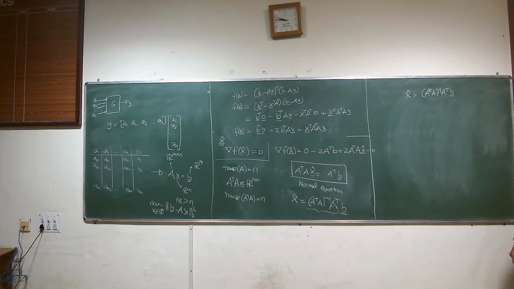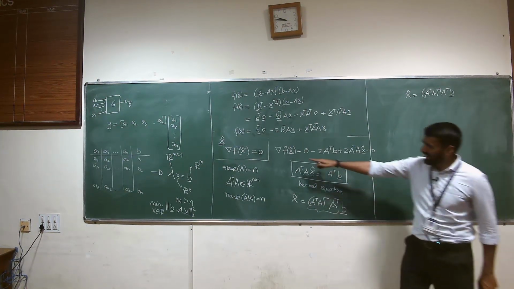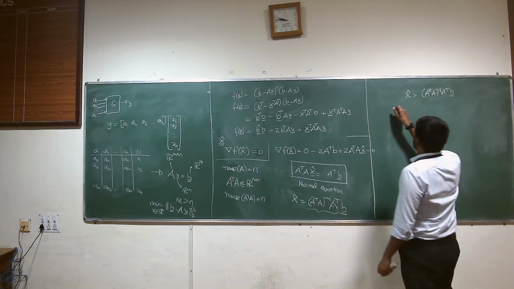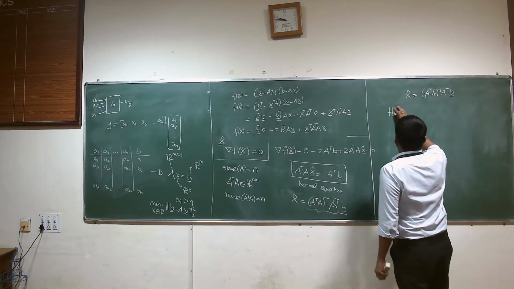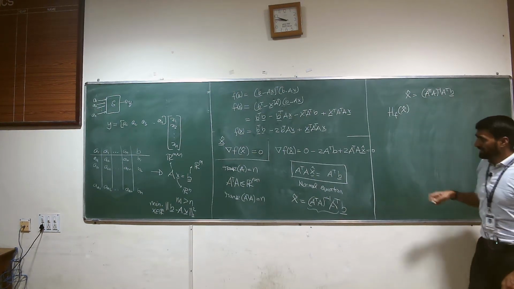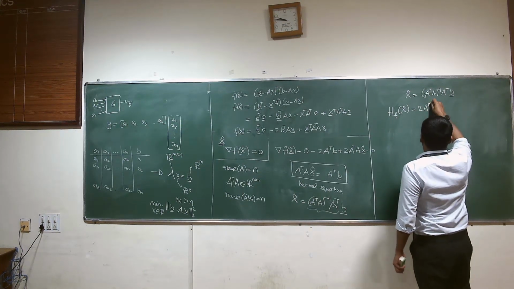We need the Hessian. What is the Hessian of f of x? Well, you have to take the gradient again of this. So the Hessian of f at x cap is simply 2 A transpose A.